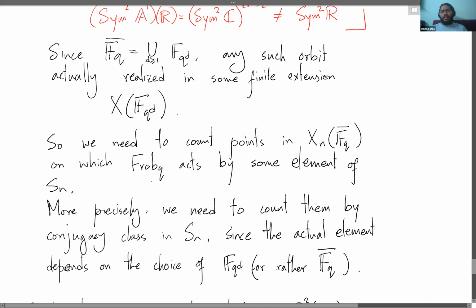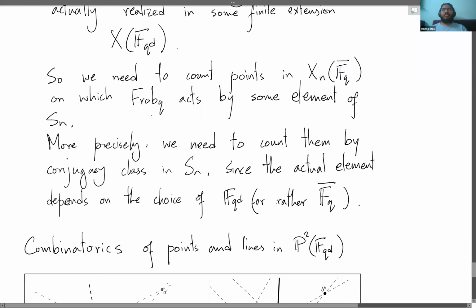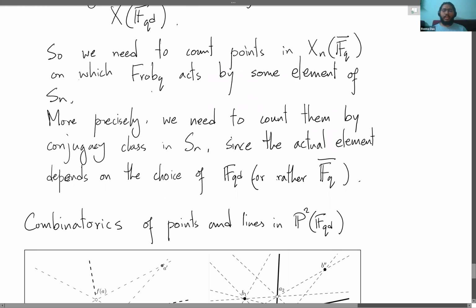You're choosing all the finite extensions at the same time, which is essentially the same as choosing the whole algebraic closure. Maybe you only need like F_q to the 12, because for the n equals 6 case you only need to go up to degree 12 extensions. Or maybe degree 6. Okay.